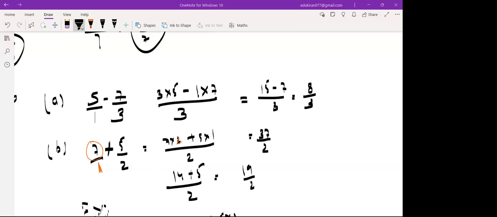Minus 7 by 3. 3 into 25 minus 5. Ma'am, the B1, is it 7 by 1?